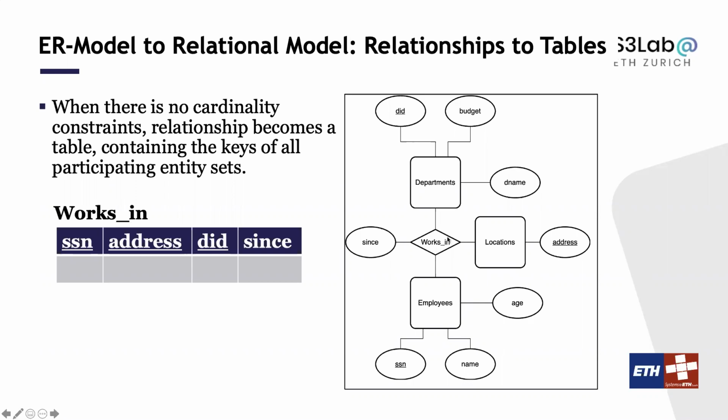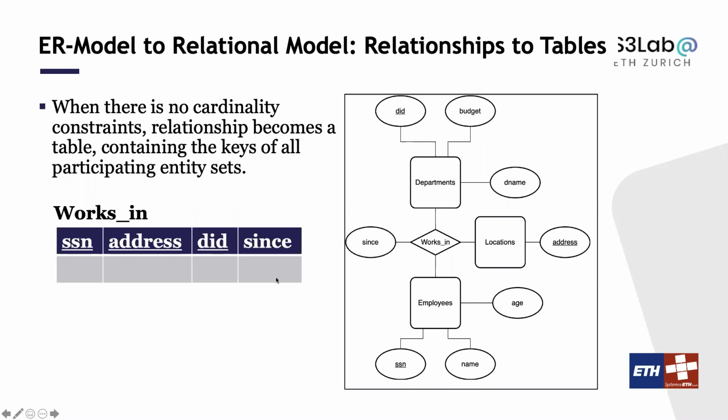It contains the key of employee, which is SSN, the key of location, and the key of department. It contains all the keys of the participating entity sets. And then it also has an additional attribute, which is the attribute of this relationship, since.